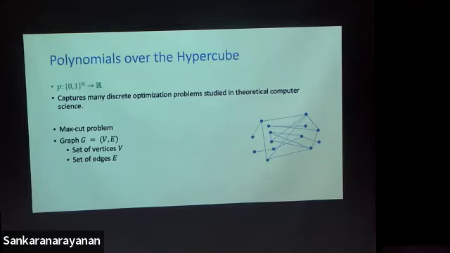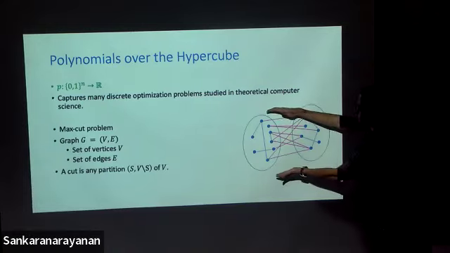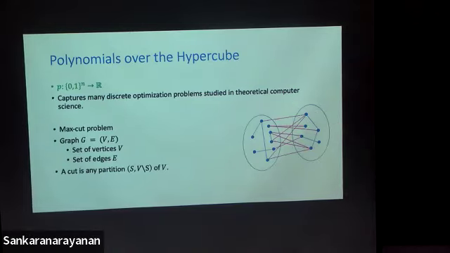The goal here is to compute the maximum cut. So what does a cut mean? A cut is any partition of the vertex set, a partition (S, V minus S). For example, if you take this to be a set of vertices, then that is a valid cut.